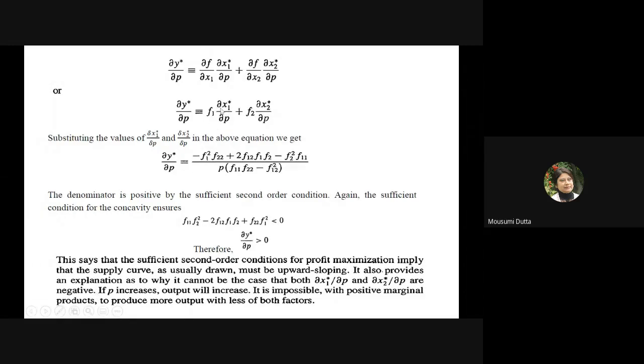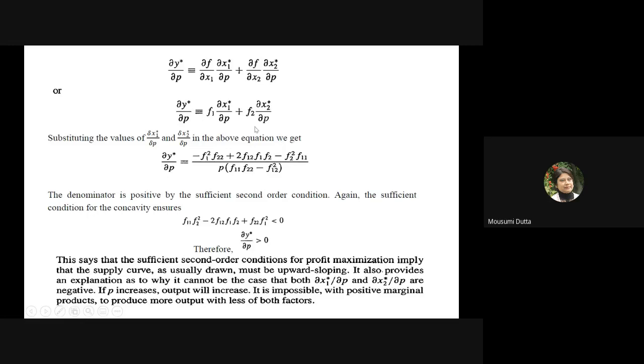Given F1 and F2 are positive, because these are the marginal products, if both del xi star by del p are negative, you cannot have a positive del y star by del p.